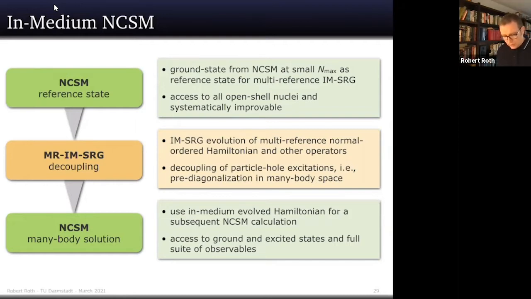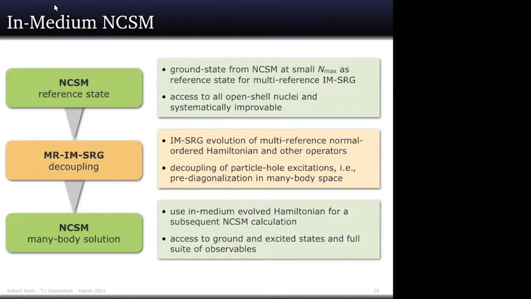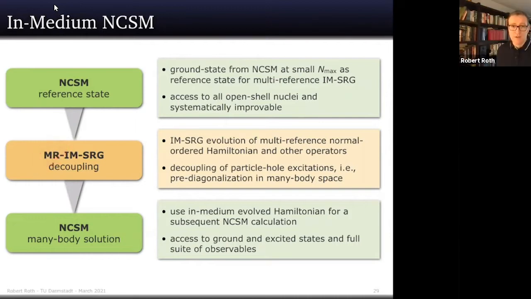Then you use the in-medium SRG to decouple this tiny reference space from all of the rest of your Hilbert space. Because your reference state now itself has many determinants in there, it's a small but larger than one space, you need an extension, what we call the multi-reference in-medium SRG.